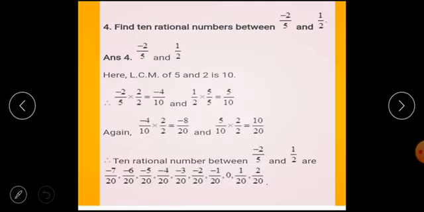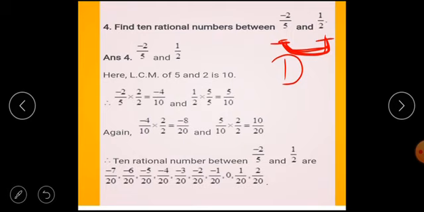Our next question, question number 5 of exercise 1.2, is: find 10 rational numbers between minus 2 upon 5 and 1 by 2. We have to find rational numbers between minus 2 upon 5 and 1 by 2. As you can see here, our denominators are different. So first of all, we have to convert these denominators.